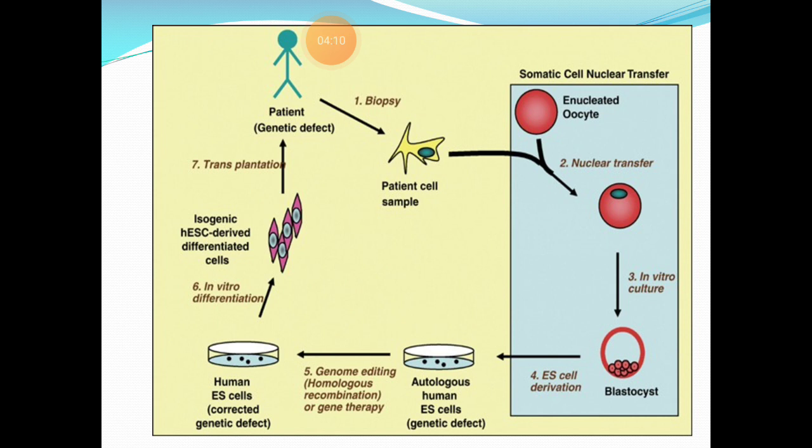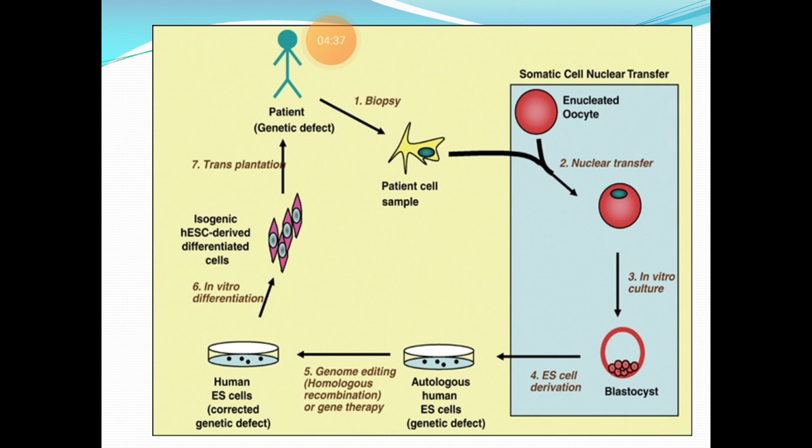In vitro culture of this oocyte with the patient's nucleus containing the non-functional gene, and you will get a blastocyst, an early stage of the embryo. From the blastocyst, you can retrieve embryonic stem cells, which are totipotent, meaning they have the potential to differentiate into any type of cells.